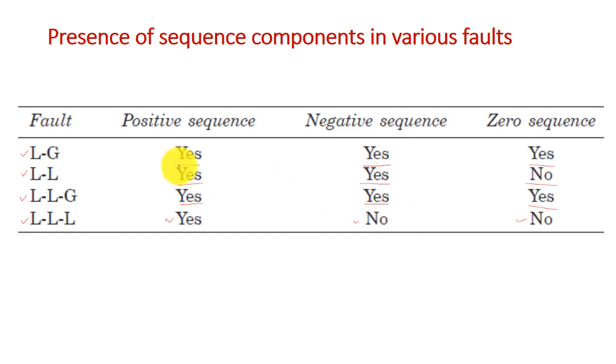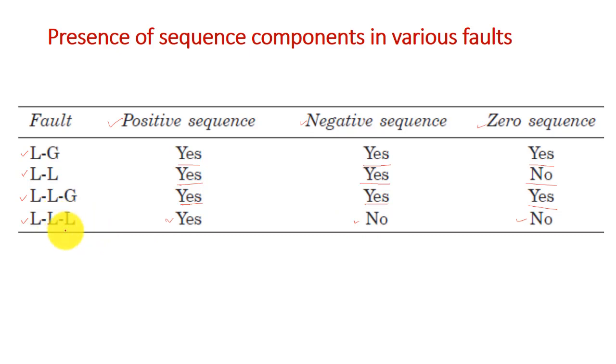So, from this table we can say that for all the faults the positive sequence impedance exists, whereas the negative and zero sequence networks sometimes do not exist for some faults.